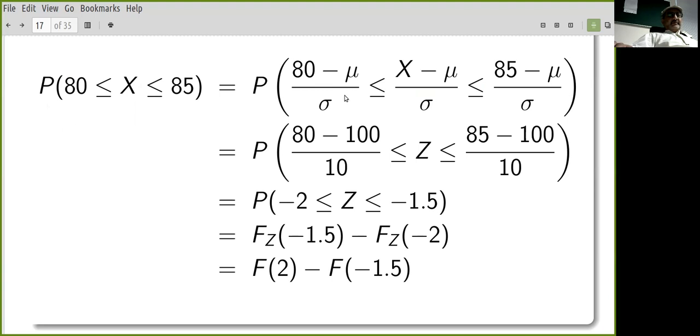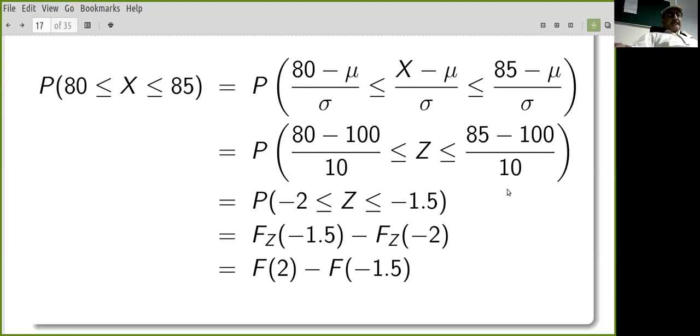Now let's put in the numbers for mu and sigma. Recall that if you had a general normally distributed random variable, subtracting off its expectation and dividing by its standard deviation gives you the standard normal. And 80 minus 100 over 10 is minus 2, and 85 minus 100 over 10 is minus 1.5.